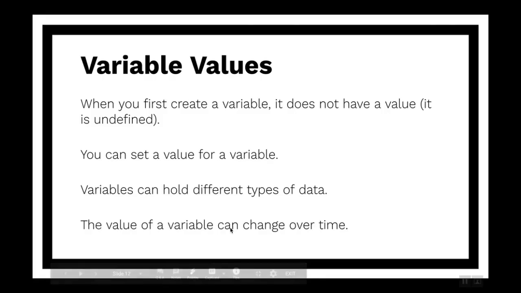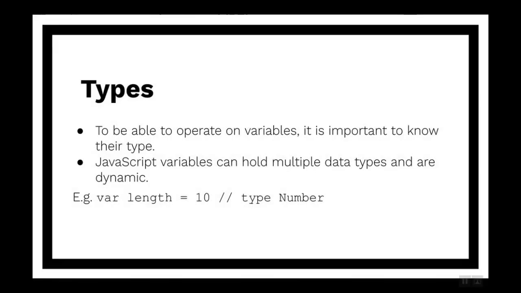Okay, moving ahead. Types. Okay, to be able to operate on variables, we need to understand what type of data they're holding. So in this example right here, you see on the screen, it says var length equal to 10. So when we assign it to 10, that means the data that the length variable is holding is of type number.